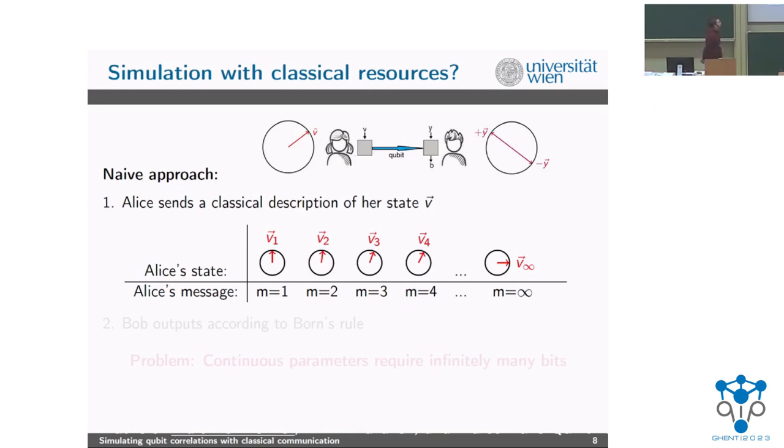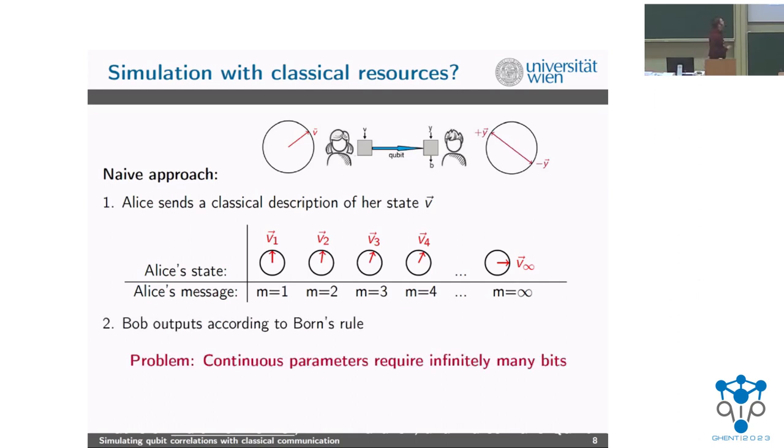And this is always sufficient for Bob to produce an outcome because he knows exactly which state Alice wants to send. Then he just uses Born's rule and calculates his outcome. But as you might see, this is a continuous parameter that Alice needs to send, and this requires an infinite amount of classical communication. So this works, but it's not very efficient.